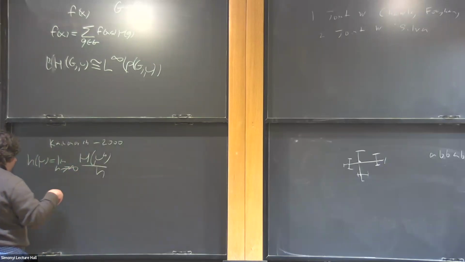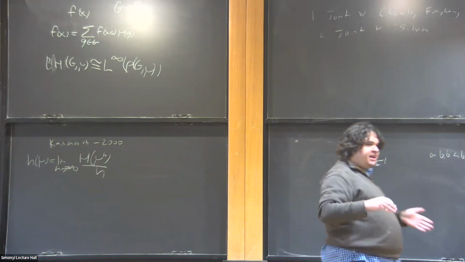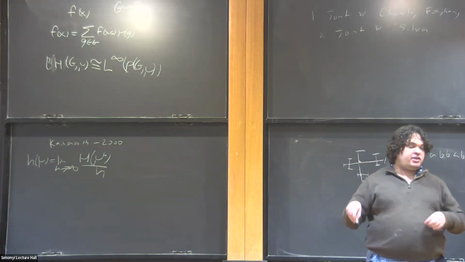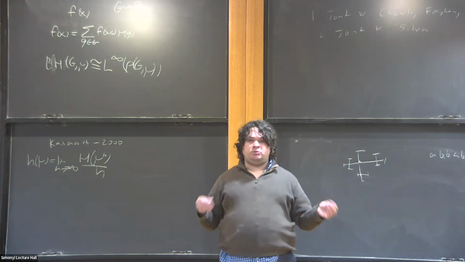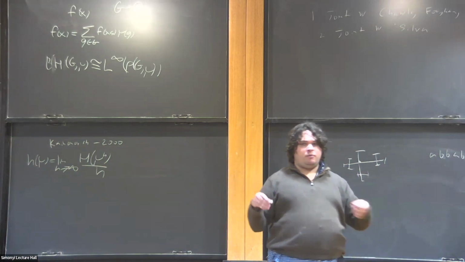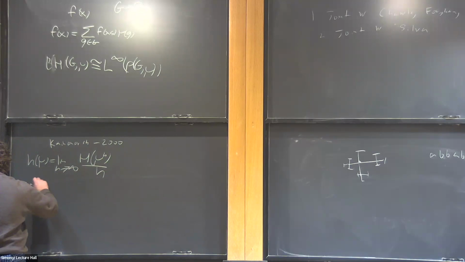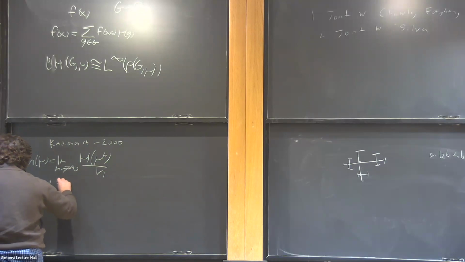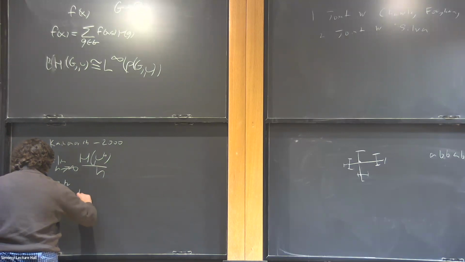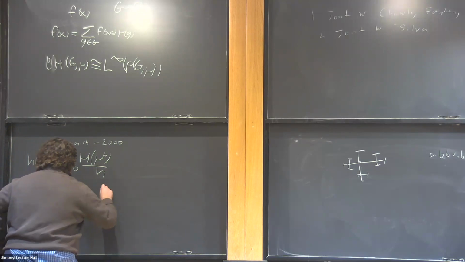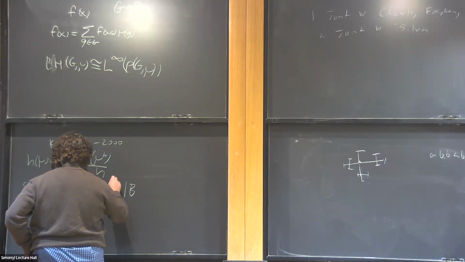Now if you have some boundary B, which you don't know is the Poisson boundary, so this is just some G-invariant sub-sigma algebra of the Poisson boundary, we can look at the conditional entropy H of mu conditioned on B, which is the limit as n goes to infinity of H of mu to the n, conditioned on B, over n.